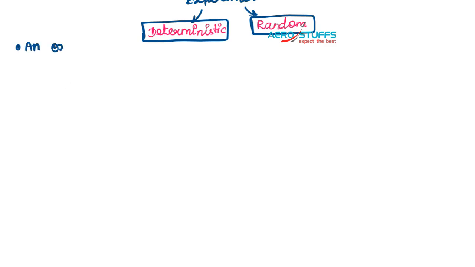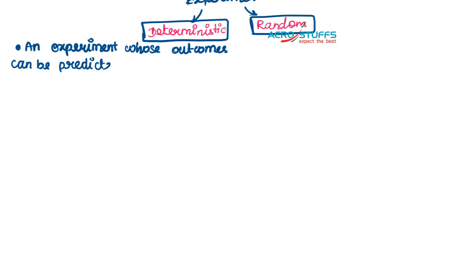An experiment whose outcomes can be predicted with certainty under identical conditions, so the outcomes are predicted certainly. This will happen, that you know, but under a certain condition. With this given condition, this will happen for sure. This experiment is called a deterministic experiment.